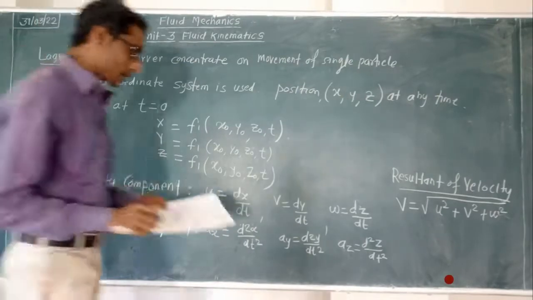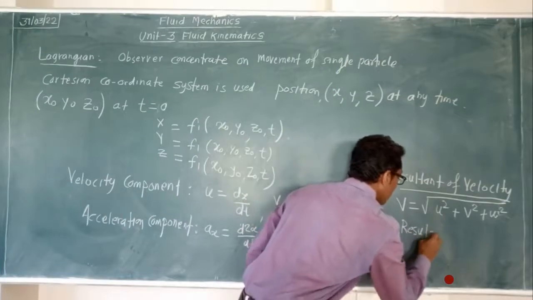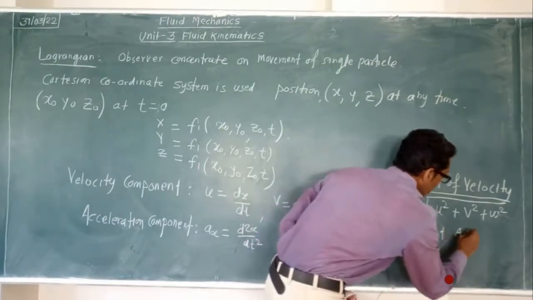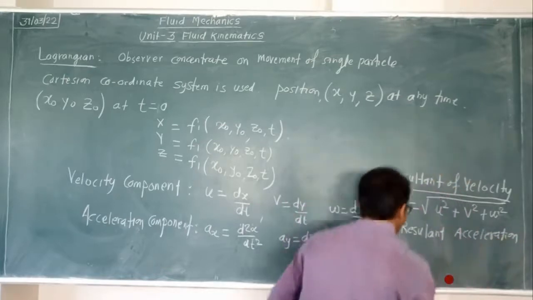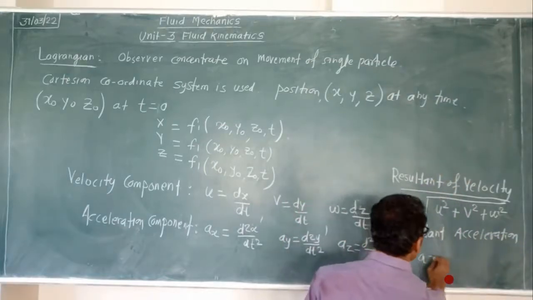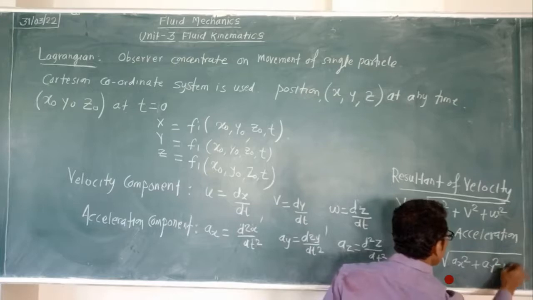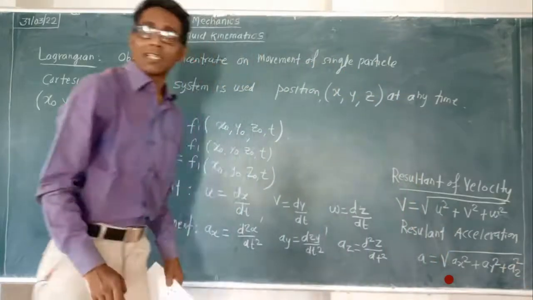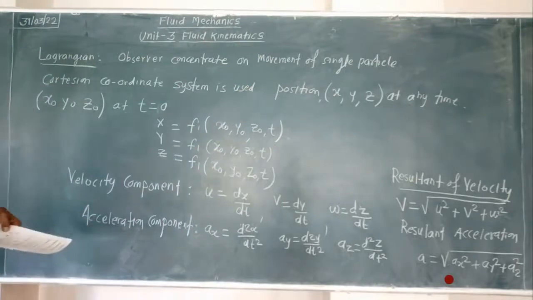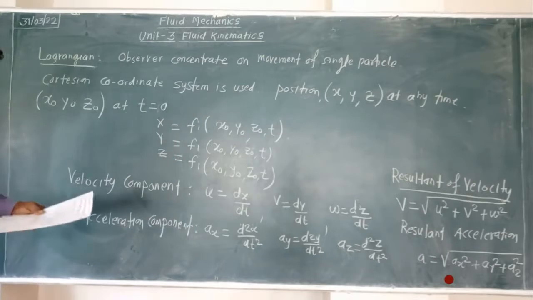Similarly, the resultant acceleration, capital A, is equal to the square root of the sum of squares of the accelerations in all directions: ax square plus ay square plus az square inside the square root.